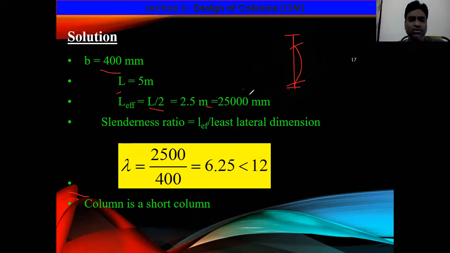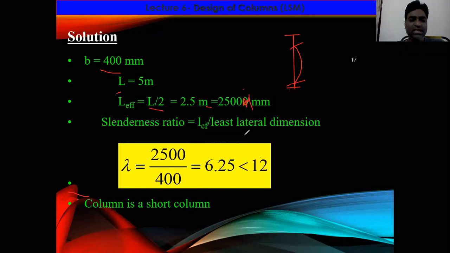So that is 2500 mm. So therefore, slenderness ratio is nothing but L effective by least lateral dimension. You will get 2500 by 400, that is 6.25. So it is much less than the value of 12. So therefore, it should be classified as a short column, right?